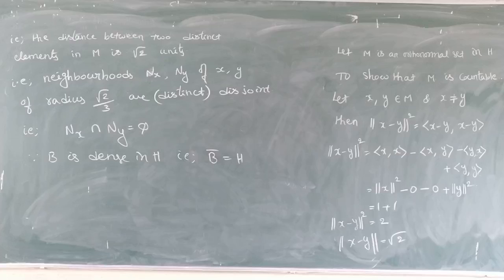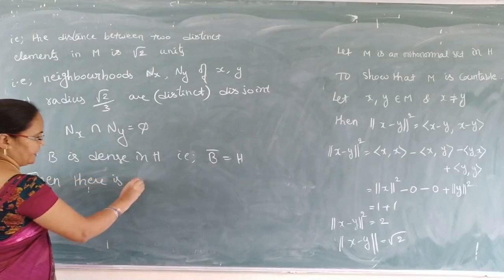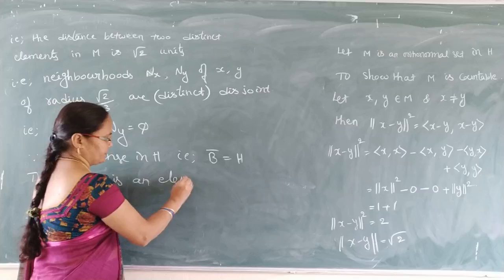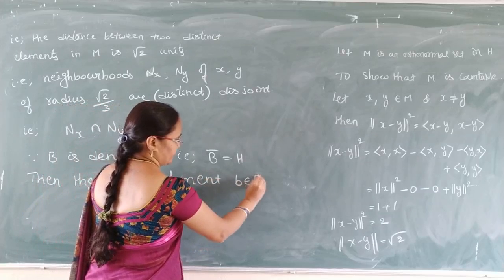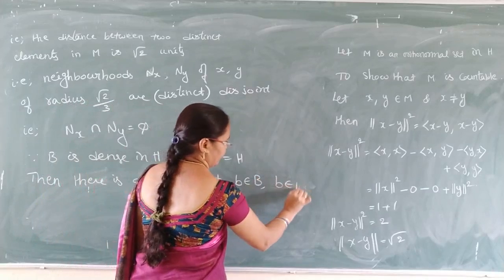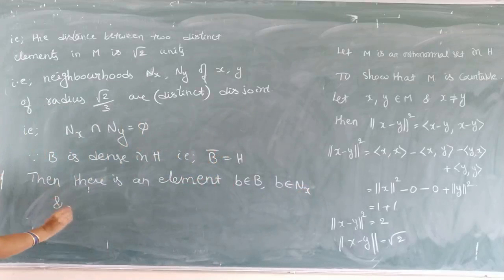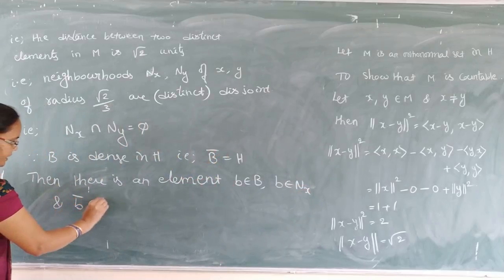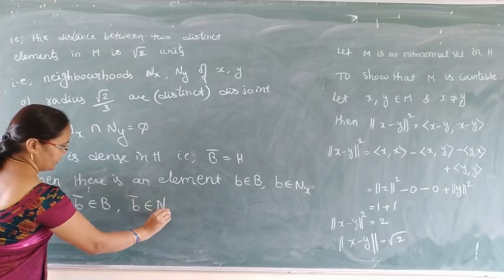See the next line. Then there is an element b belongs to B, this b belongs to Nx, and another element we are taking, b bar, belongs to B, this b bar belongs to Ny.